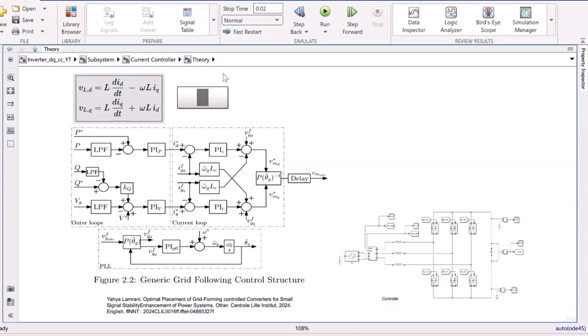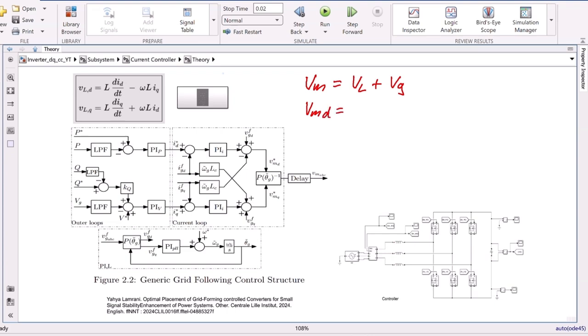Now, again, remember that we have VM, which is what we want to control, and this is equal to the voltage over the inductor plus VG. Now, if we just look at the D coordinate first, we have VM,D.